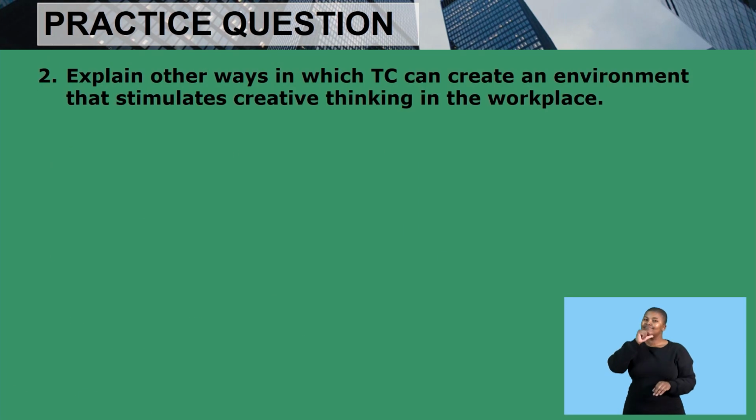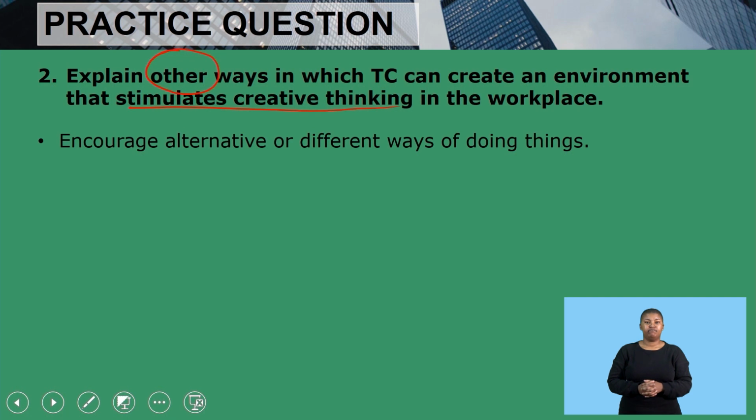Okay, then now let's look at question 2 of our practice questions. It says there, explain other ways in which TC can create an environment that stimulates creative thinking in the workplace.